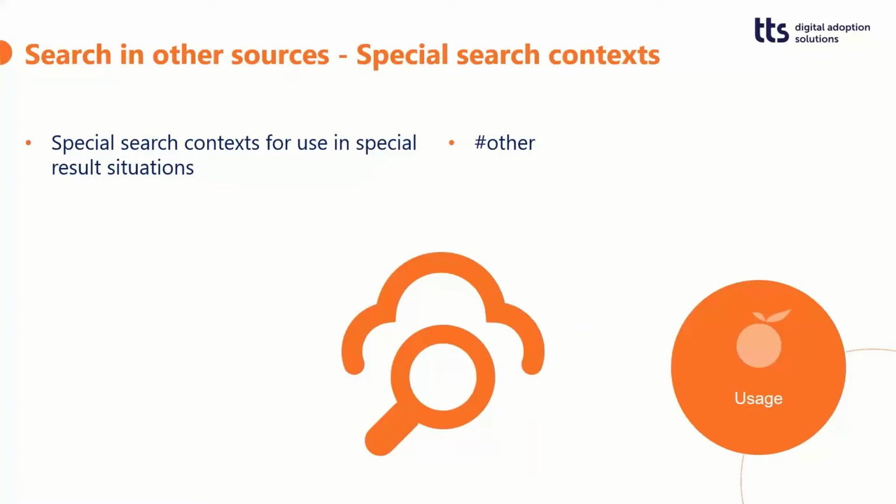So with the hashtag other, I can prevent the filtering of such a document to have it available in all the situations where the user might search for a term that I could not foresee before.